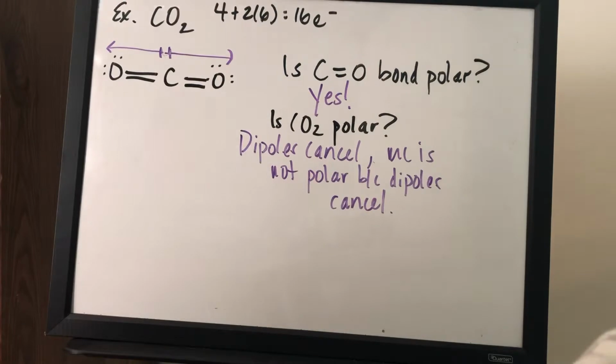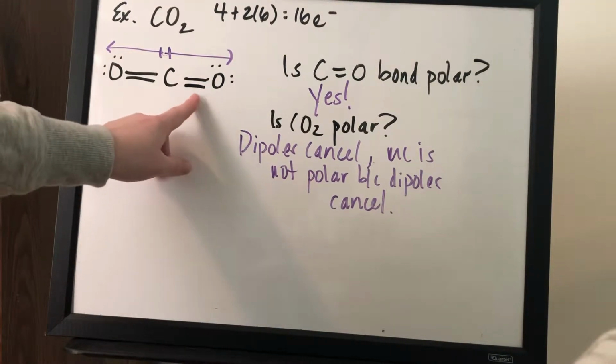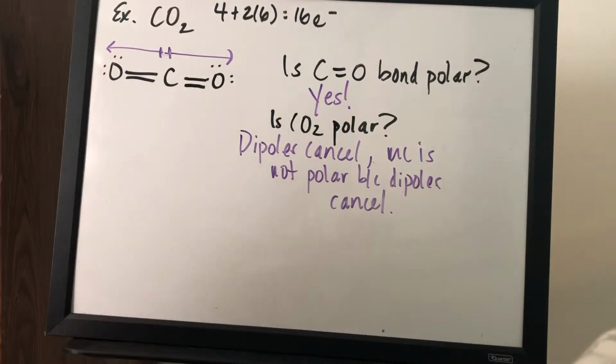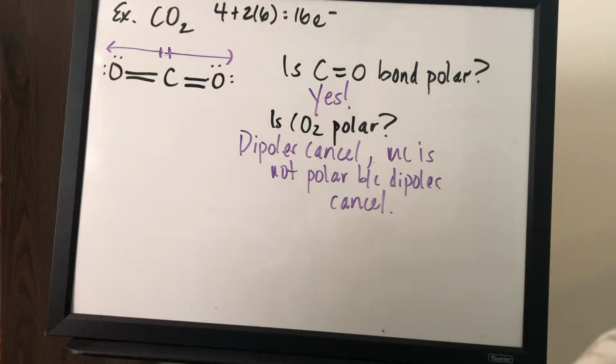Okay, so let's do a little bit of a review here, because this is an interesting situation in that this carbon-oxygen bond is completely polar, and this carbon-oxygen bond is completely polar. But when we talk about the molecule of CO2, the two dipoles cancel out, and the molecule itself is nonpolar, okay? And it's because these dipoles, or the arrows, canceled out.